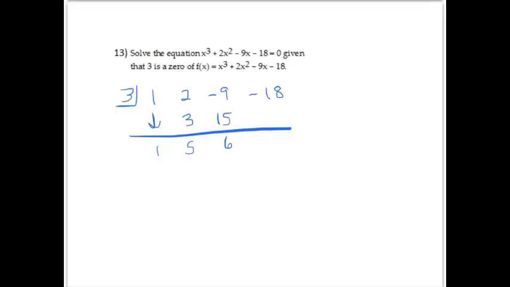Same kind of problem as the one before this, so we would do synthetic division with 3, 1, 2, -9, -18. Drop the 1, multiply, add, multiply, add, multiply, add. x squared plus 5x plus 6 equals 0.